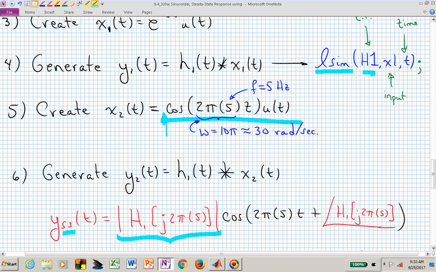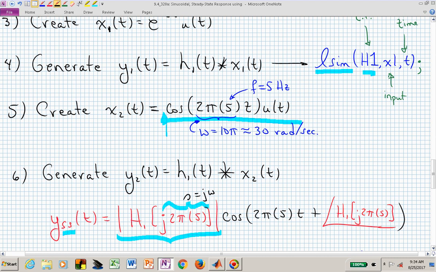Now we're using s equal to j omega, and the omega is 2 pi 5, which is the omega that we have as the argument of our input waveform.